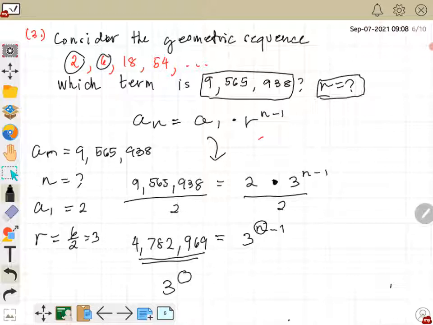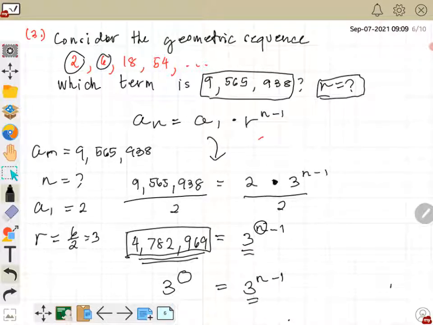So what will be the exponent of the 3? Why base 3 and not any other number? Because this is an equation, we want the base to be the same. If that base is 3 here, we will express this value in base 3.